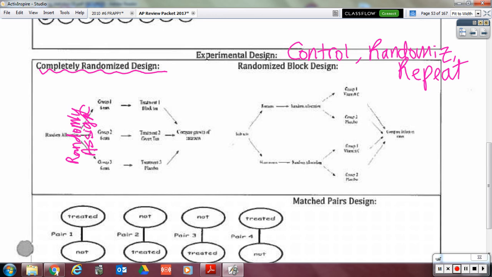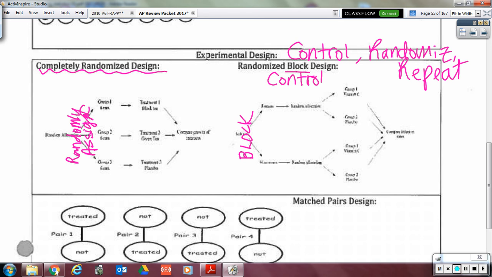Suppose I see you have a trait that may affect the way subjects respond. Then I want to control that trait, and I will do that controlling first, by blocking you into homogeneous groups.